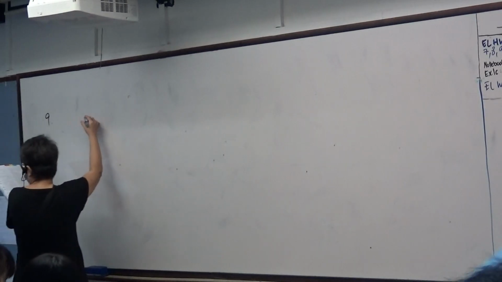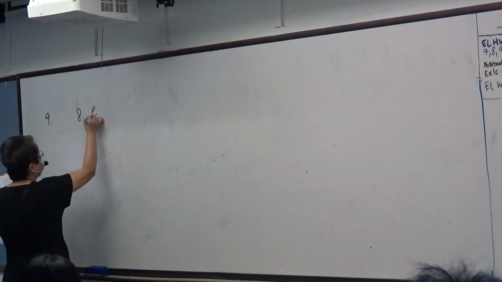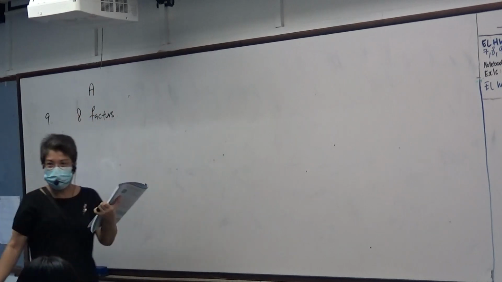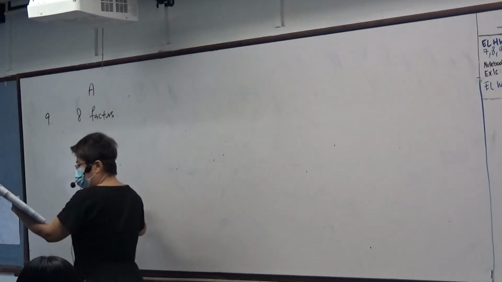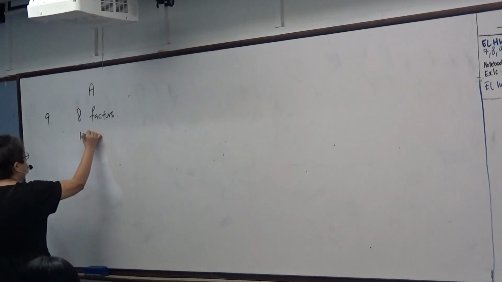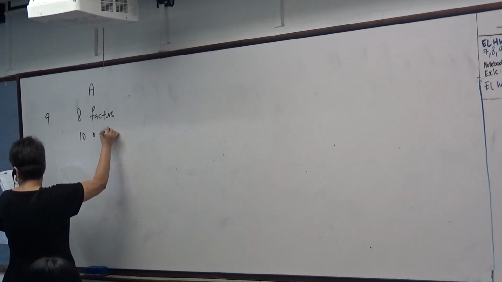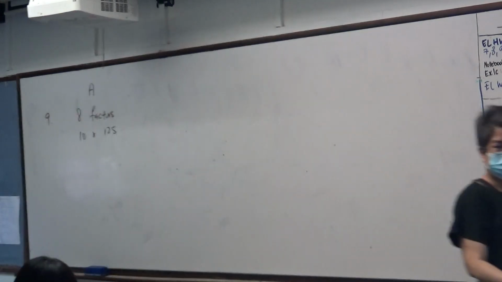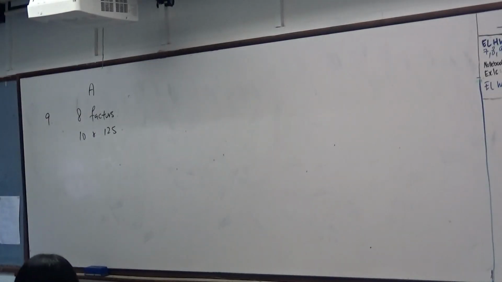The number has exactly 8 factors. Two of the factors are 10 and 125. This is the question, right?